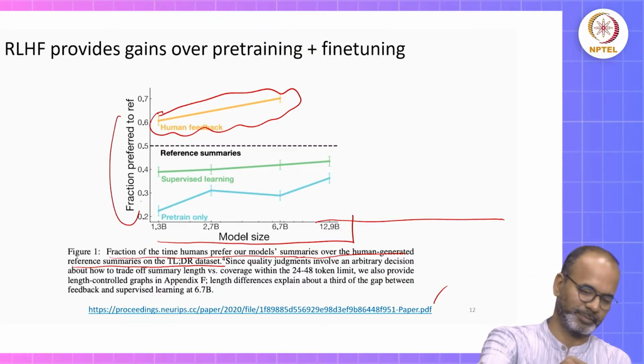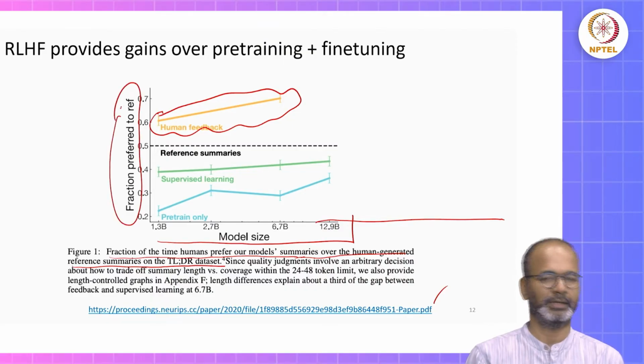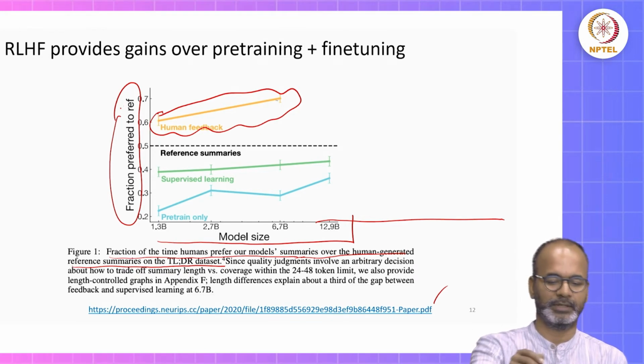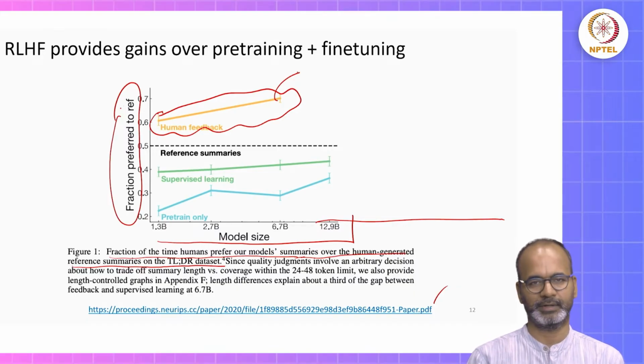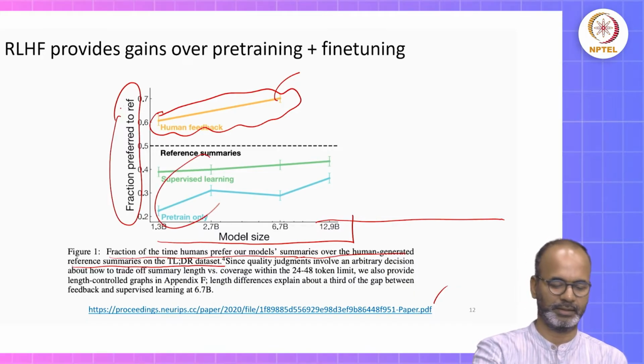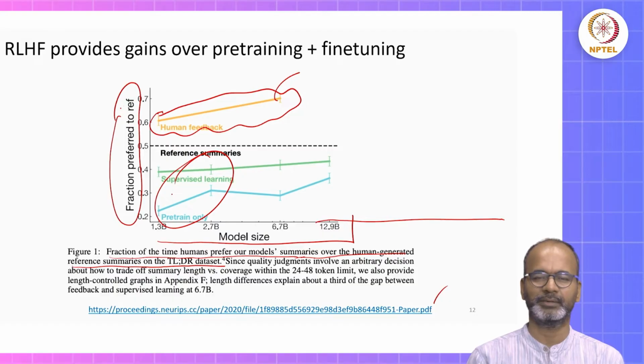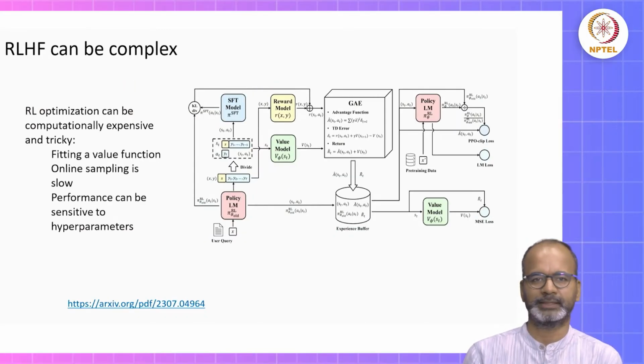This is the fraction preferred when reading the summaries. The ones generated after RLHF are better than the ones from supervised learning or pre-trained only. But RLHF is complex.